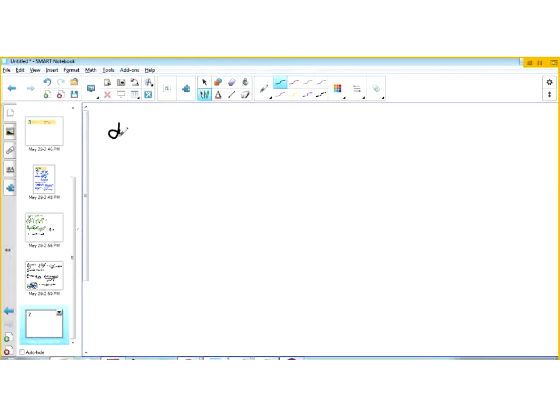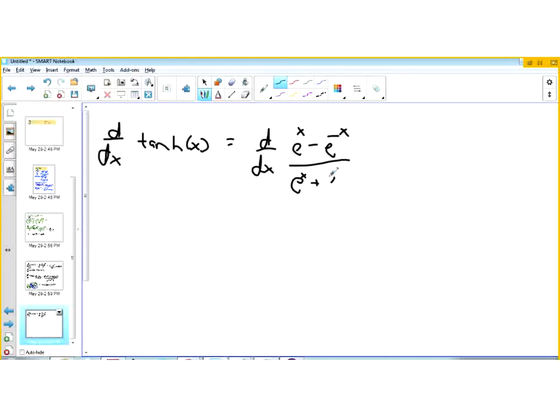Okay, so we want to calculate the derivative with respect to x of hyperbolic tangent x, so that would be the derivative with respect to x of e to the x minus e to the minus x over e to the x plus e to the minus x. So we'll have to use the quotient rule for differentiation.